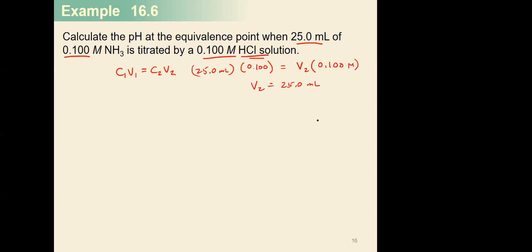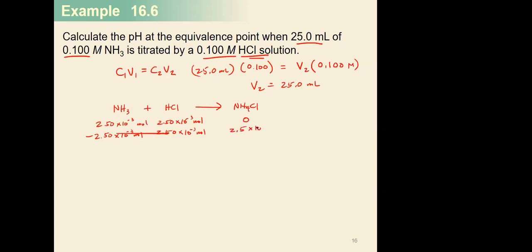If you solve here, the same thing that we do, NH3 plus HCl produces ammonium chloride. Since they have the same volume and concentration, this is just around 2.50 times 10 to the negative 3 moles. And then all of them will react to produce the same amount that reacted.